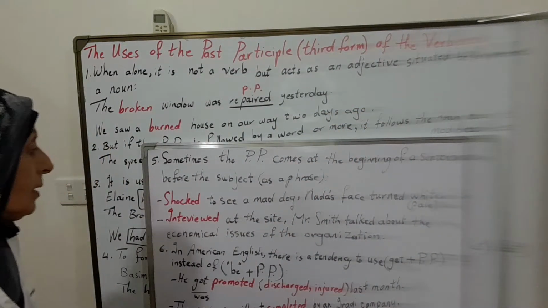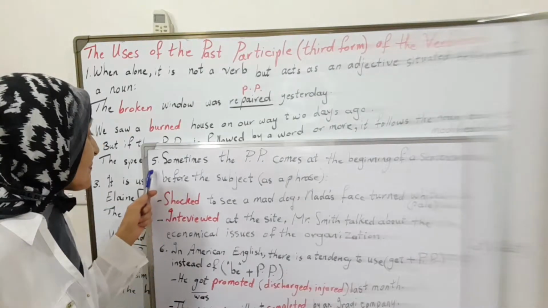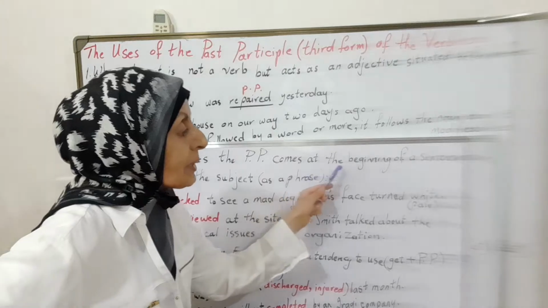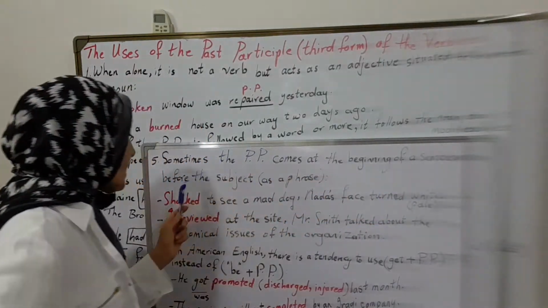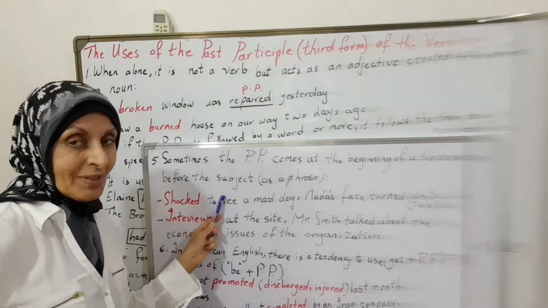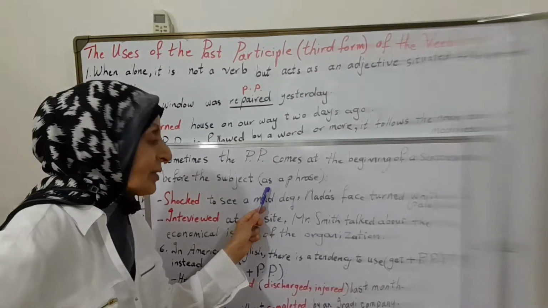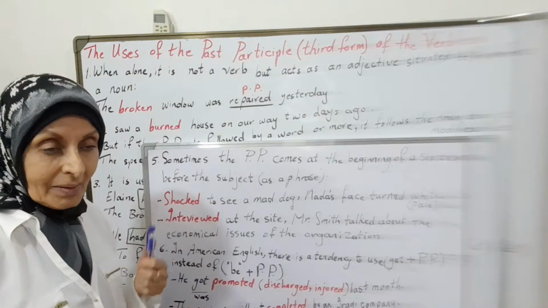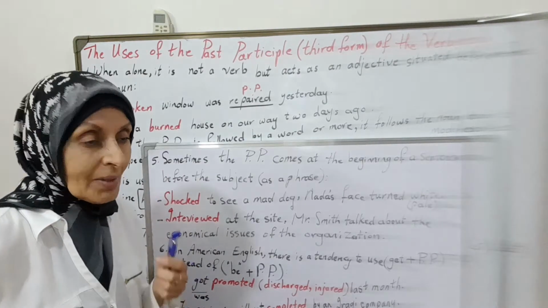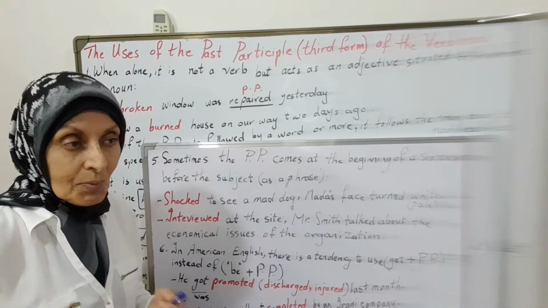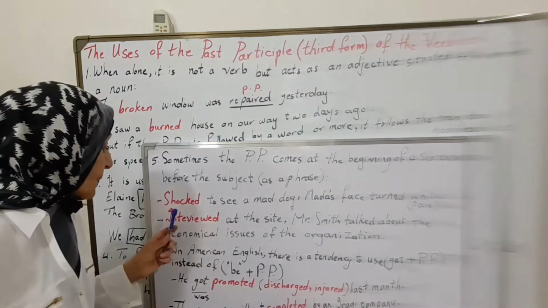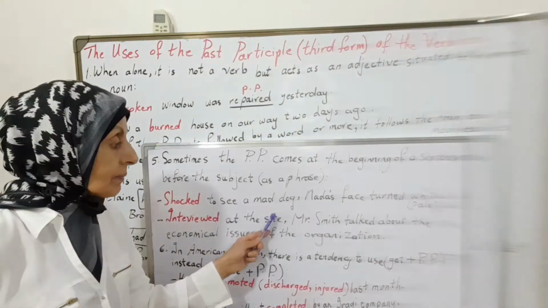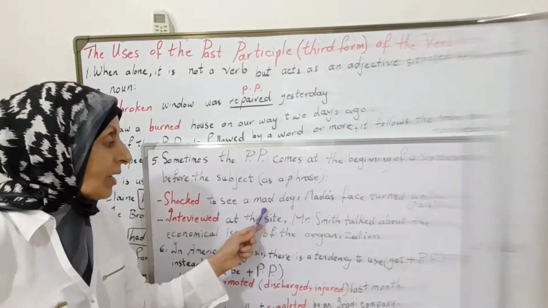Then, number 5, sometimes the past participle comes at the beginning of a sentence, even before the subject. And it will be a phrase, عبارة, not a complete sentence, ليست بجملة, just a phrase. For example, shocked to see a mad dog, كلب مسعور, mad dog.